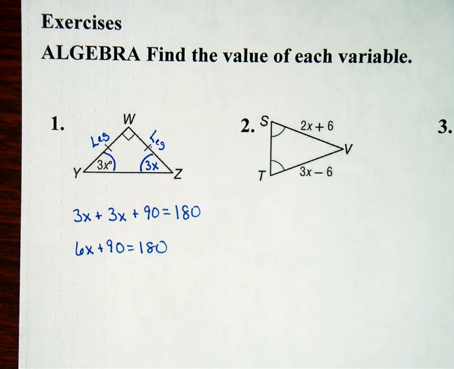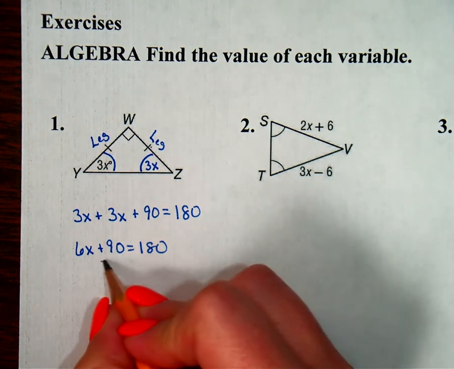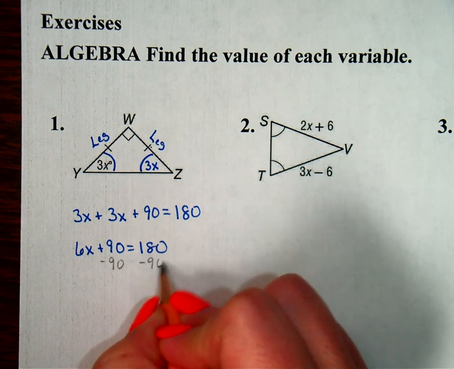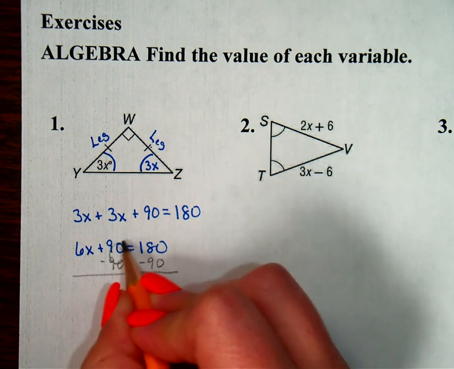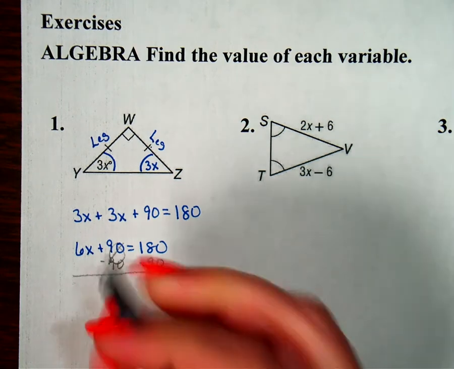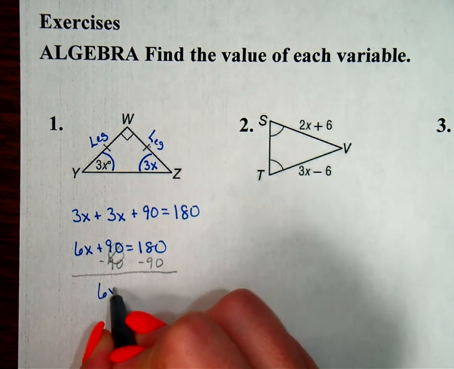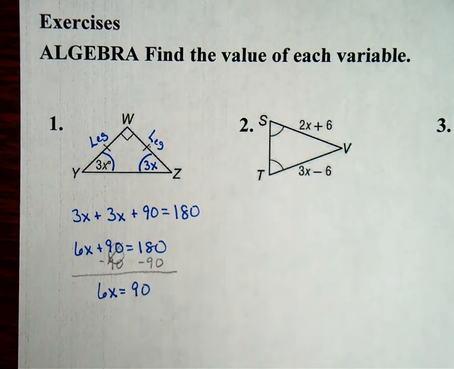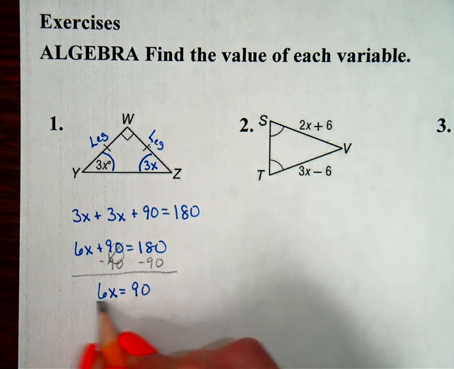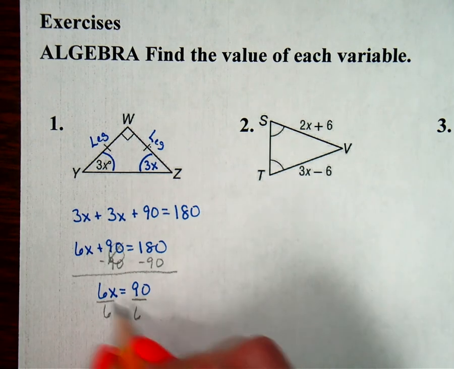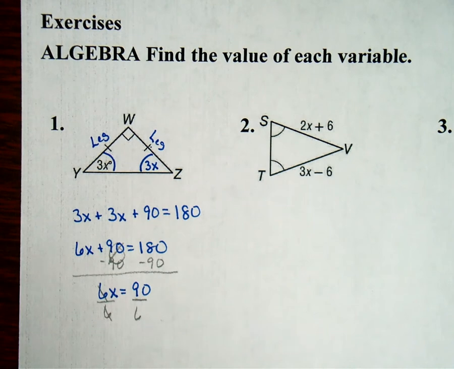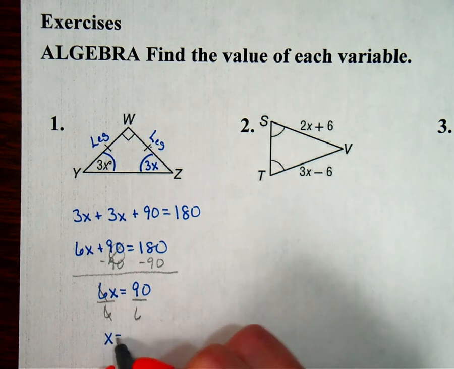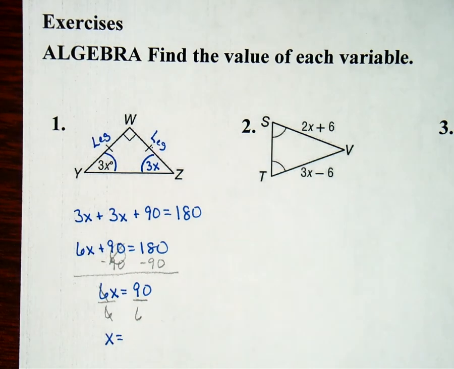Then I'm going to take away 90 on both sides, my subtraction property of equality. And I get 6x equals 90. My division property of equality, divide both sides by 6, and x equals 90 divided by 6, which I believe is 15, but I'm going to double check it with my calculator.